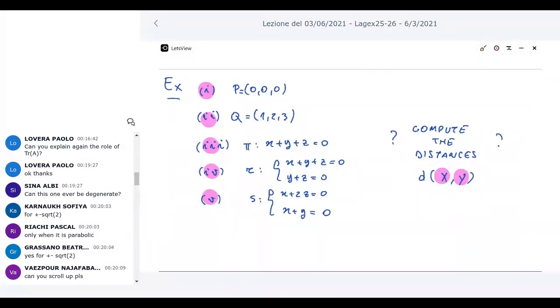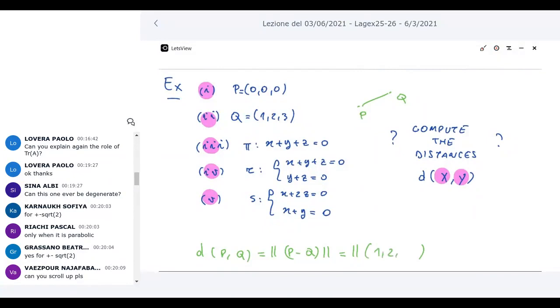So my suggestion is that as a warming up, we start with the easiest one. So the distance between P and Q, this is very simple, right? We are just given 2 points. You want to measure the distance of this segment, so it is the magnitude of P minus Q, okay? So it is the magnitude of the vector you get as a difference of the coordinates.